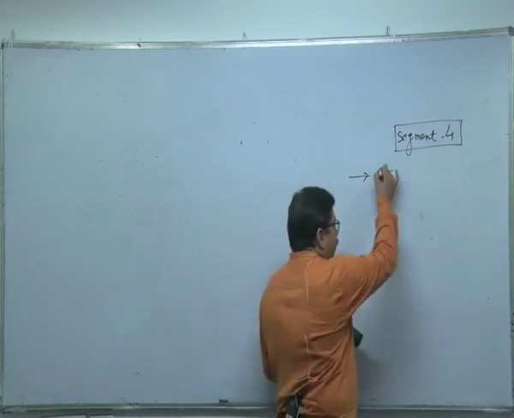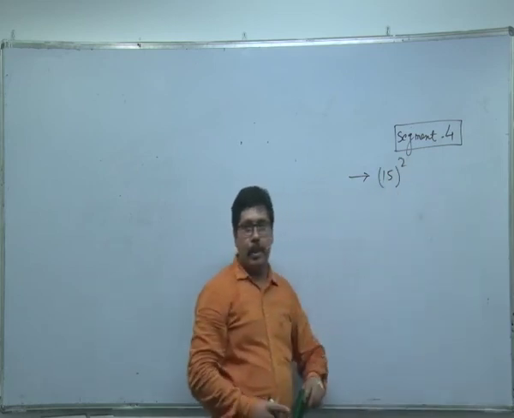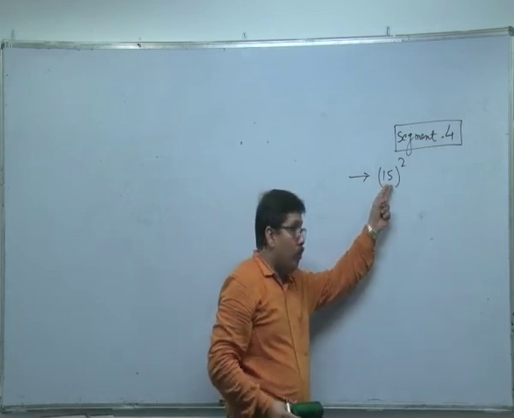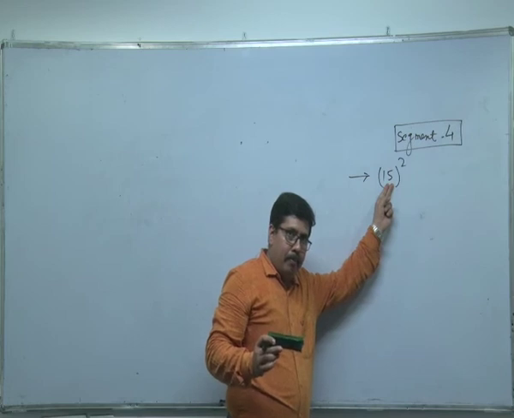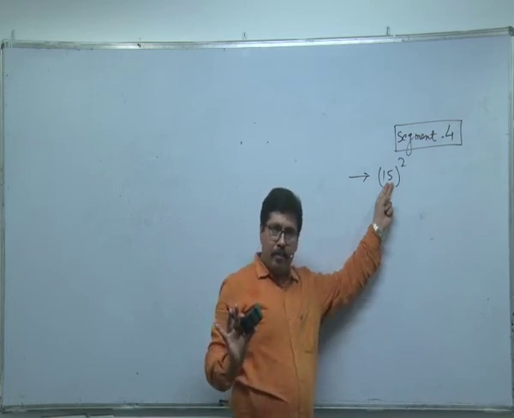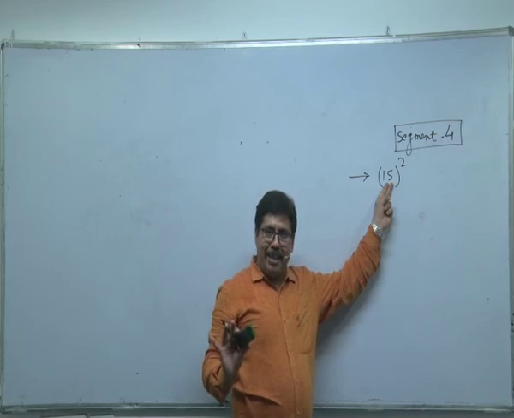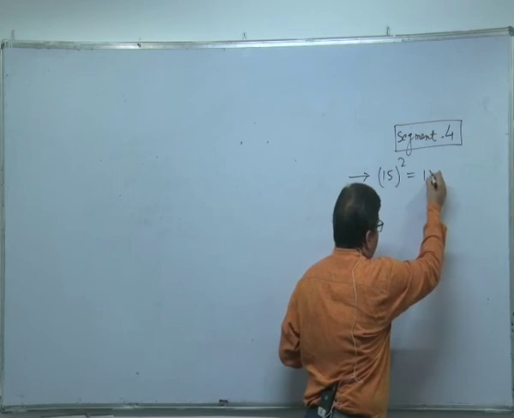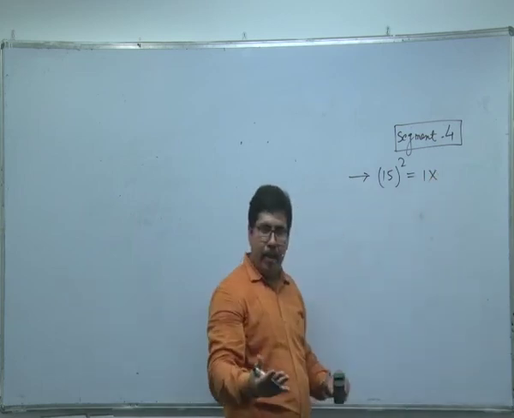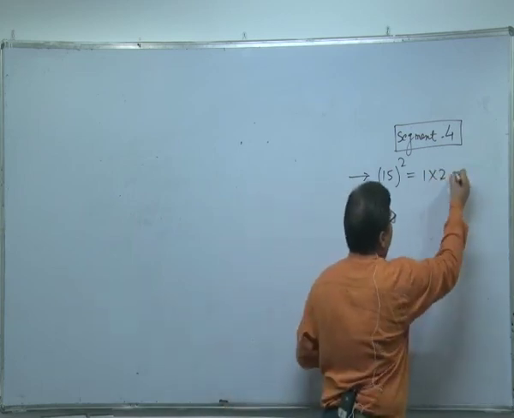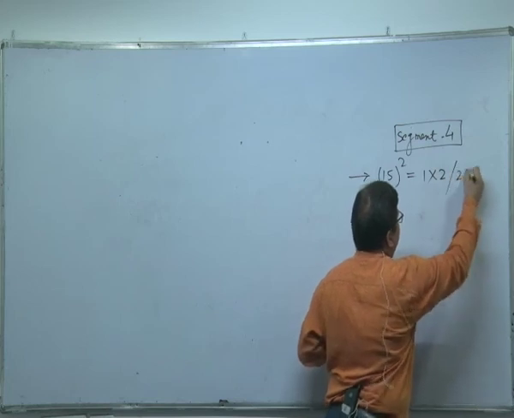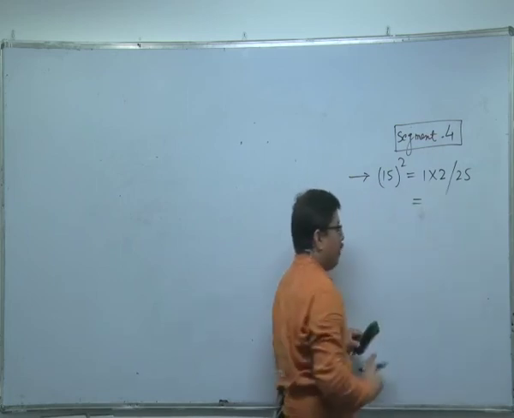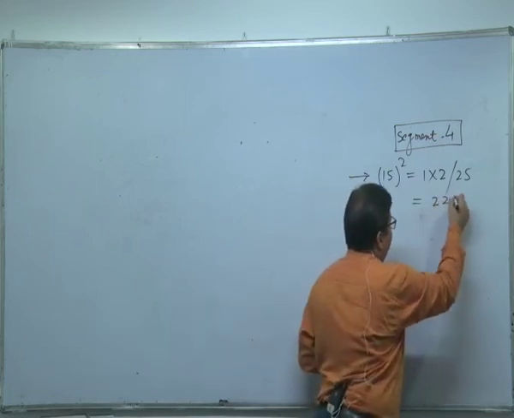What is the square of 15? Before 5, we have only one digit. So my most significant digit is 1. So 1 is multiplied by its next number, 1 into 2. And 5 square is basically 25. And we can write the whole thing as 225.